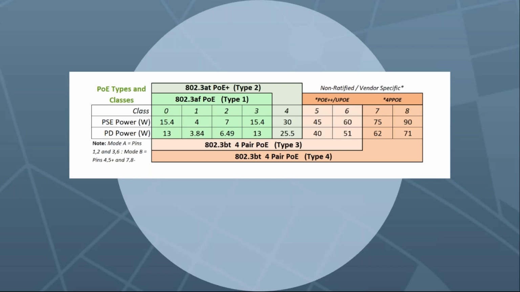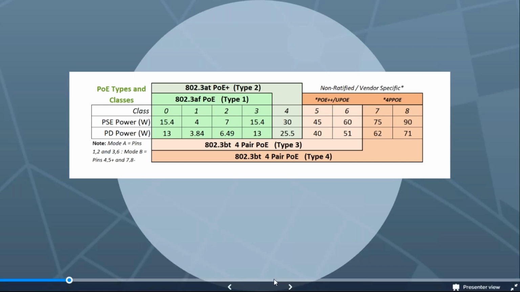So you're still able to provide data, but now you're sending power through all 4 pairs of wire within that cable. Hopefully that makes sense. If you have more questions on that, we can dive a little bit deeper. I didn't want to spend too much time on it, as some of you may already know. These are the different types of standards that the IEEE has released into the market. Passive still exists, 24-volt passive.